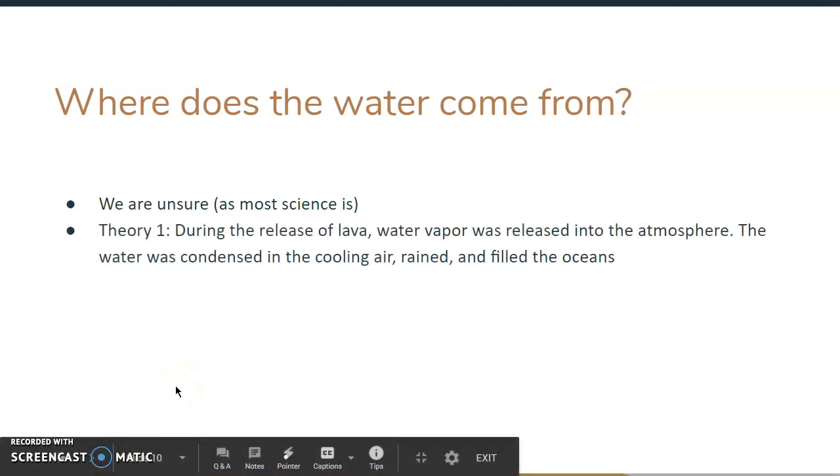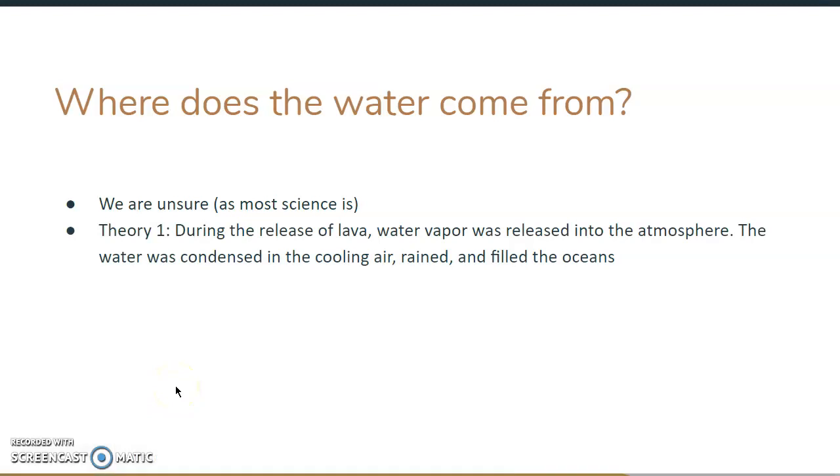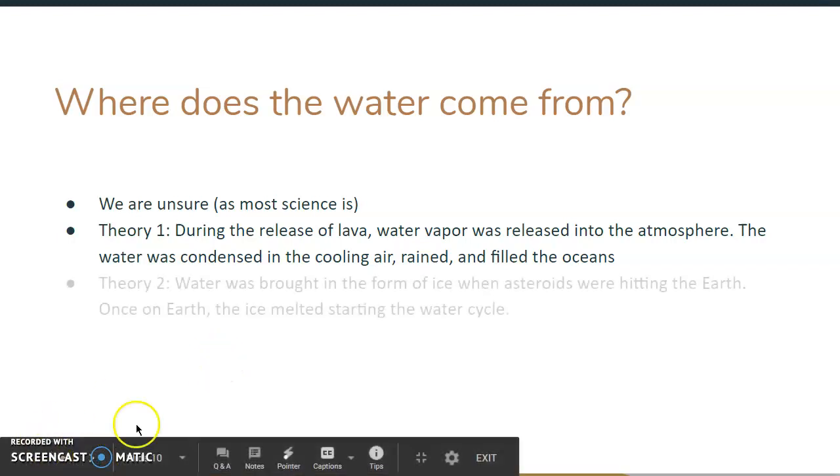Our first theory is during the release of lava, water vapor was also released. Water vapor is water in the form of a gas, and that is thought to have gone into our atmosphere, condensed, and then rained and filled all our oceans with water. So that's one idea.